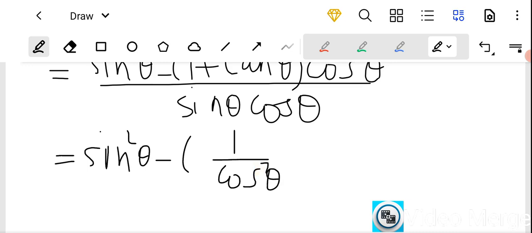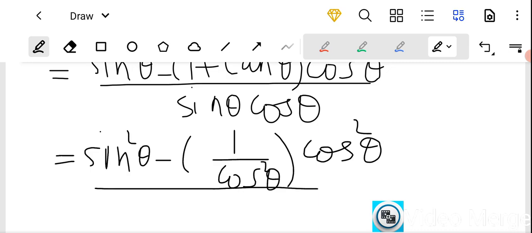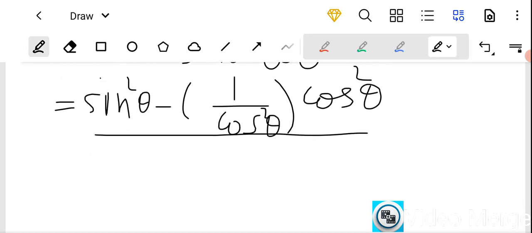Then multiply by cos theta squared, and everything is divided by sin theta cos theta.